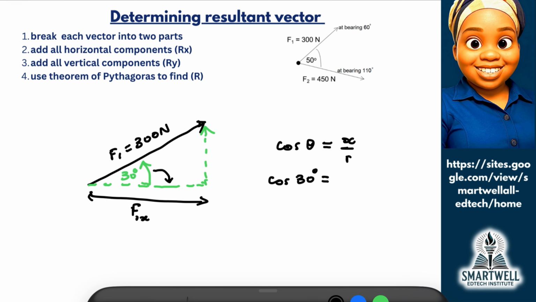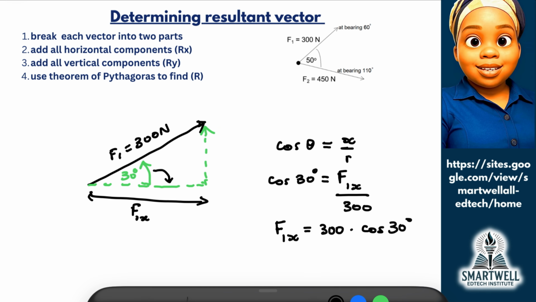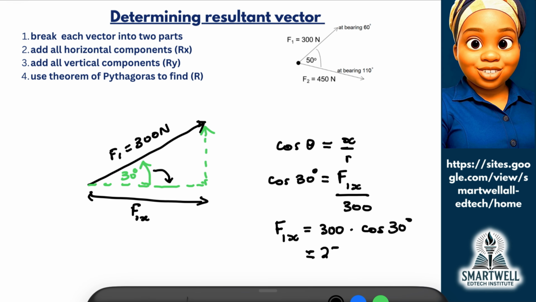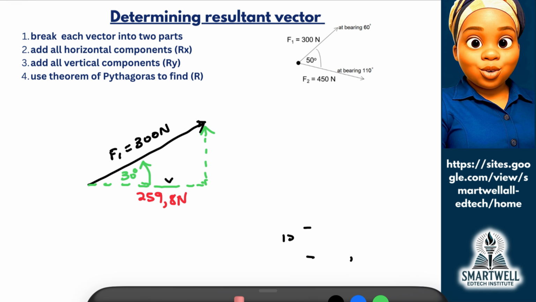Our angle is 30 degrees, so we have cosine 30 degrees is equal to F1x divided by 300. If we make F1x the subject of the formula, we get F1x is equal to 300 multiplied by cosine 30 degrees. My calculator gives me 259.8 newtons east, and that is the horizontal component.